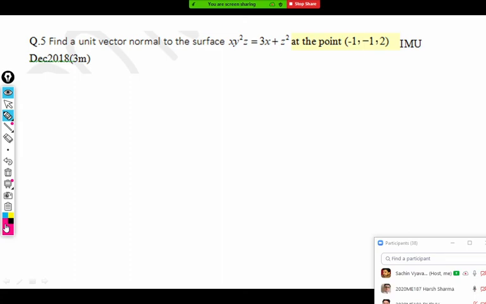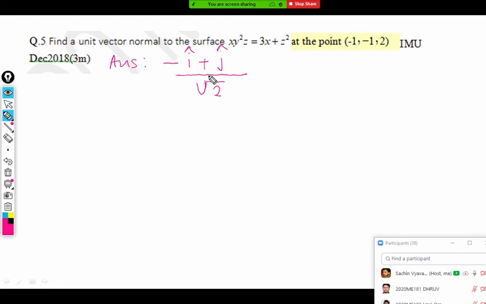Minus i cap plus j cap by root 2. Just a minute, who is talking? Yes, right answer. Tell me. Minus i cap plus j cap divided by root 2. All of you got the same answer?